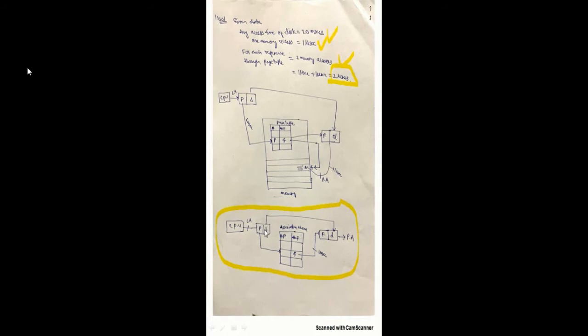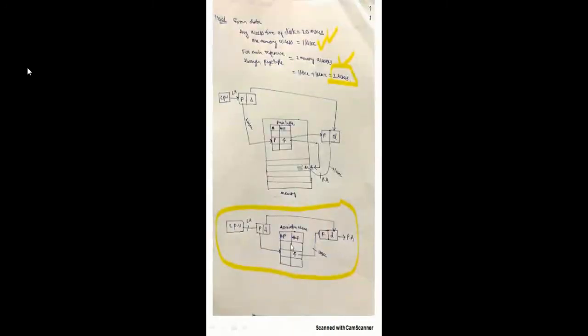Okay. Now this is TLB, associative memory. Just now what we have discussed here. See, this is associative memory. Now here directly you have the address of the page, in the form of the frame where it is there in the main memory. So it will take only one memory reference.